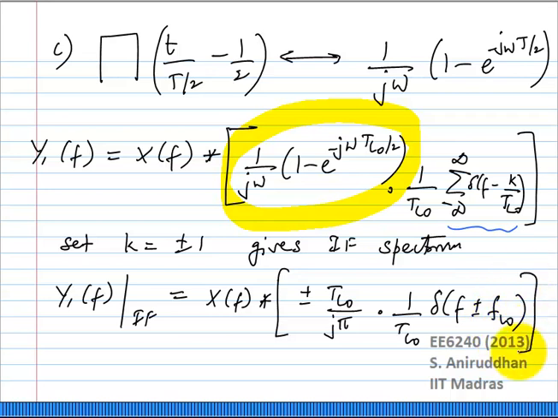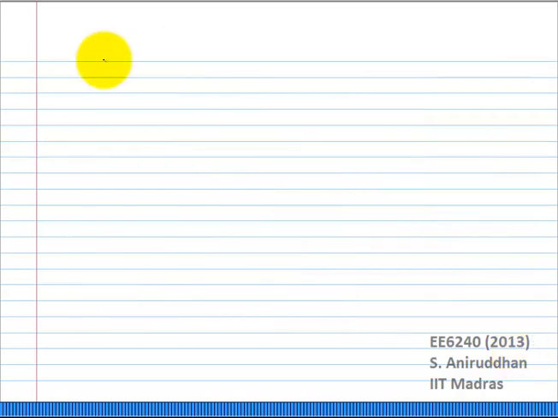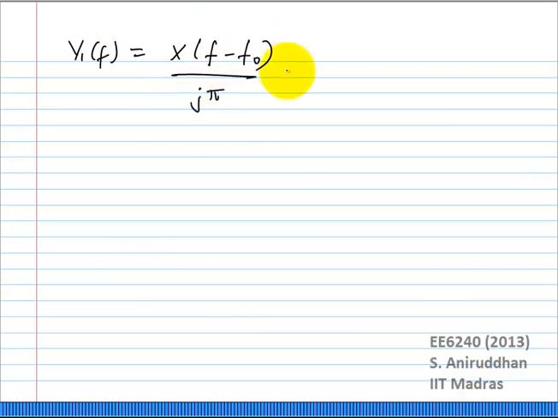So this is nothing but x of f minus f LO by j pi, minus x of f plus f LO by j pi.